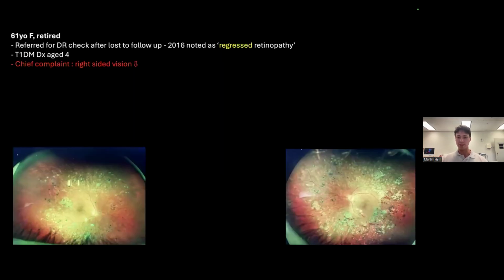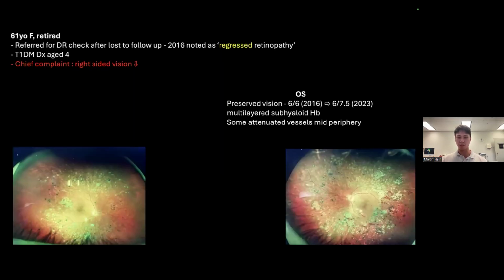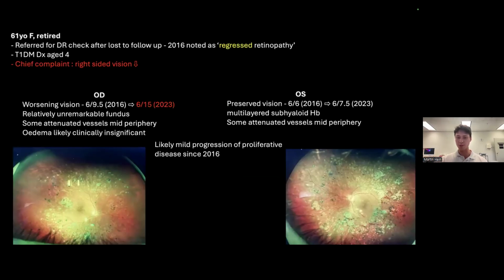To summarize this case, she's likely had a mild progression of proliferative disease since 2016. She's had an adequate amount of laser, and because her vision is quite preserved, there's no current indication for any further therapy, such as anti-VEGF. The decision was made to follow up within 6 months' time.